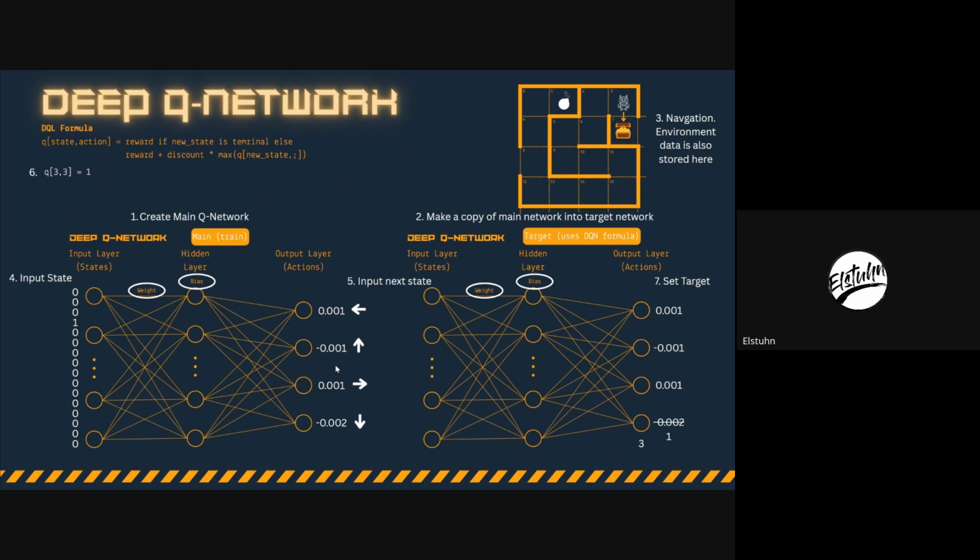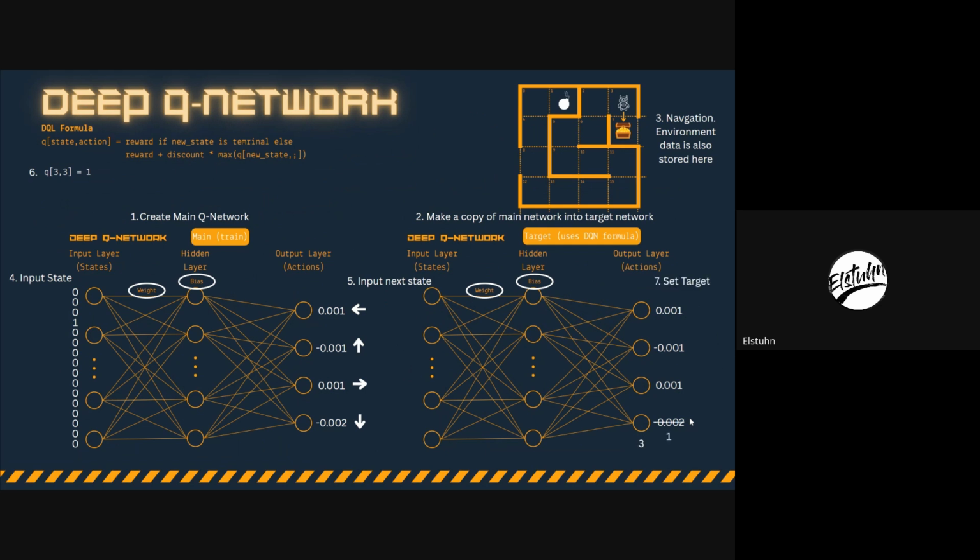Next, we input the next state. So the next state is 7. So here it will be 6 zeros followed by 1, and then 8 zeros. We want to input state 7 to the target network, and then we will get the output layer. The Q values in the output layer also determine the actions.